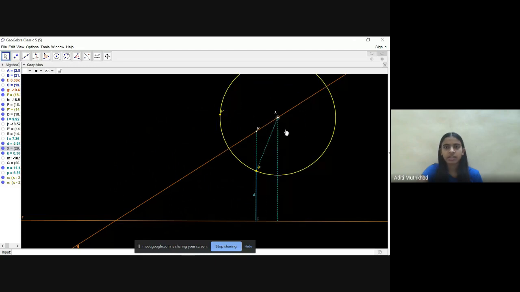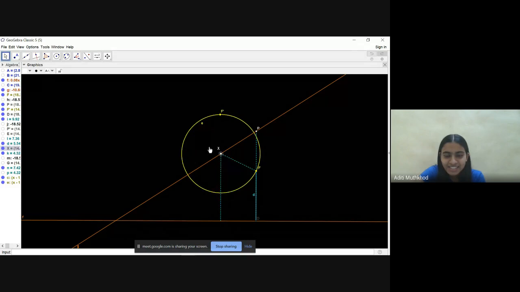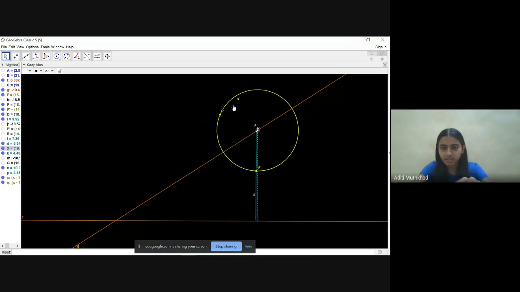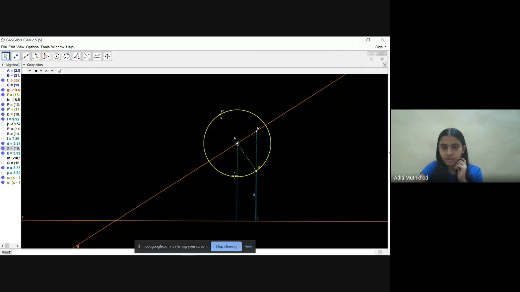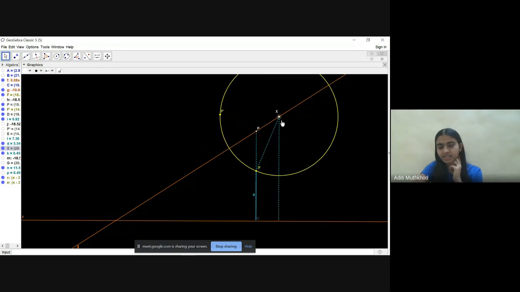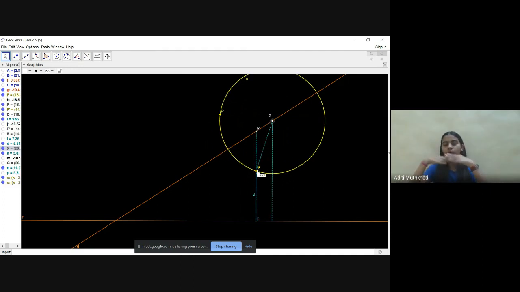Once you have the circle, it's very easy to see that the length we want is going to be maximum right here, because it's going to be maximum only when the bottommost point of the circle is F.